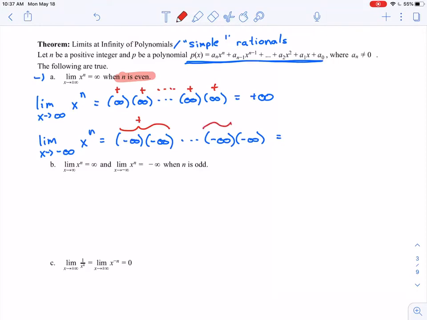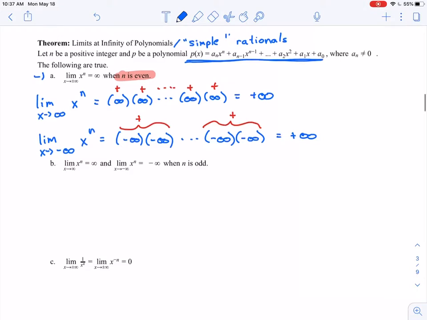Then it collapses back into the same argument that we just made before. Now we just have a bunch of positive numbers once we pair those off. And once we multiply a bunch of positive numbers together, we get positive infinity once again. And if we understand this property, the next one should follow pretty similarly.